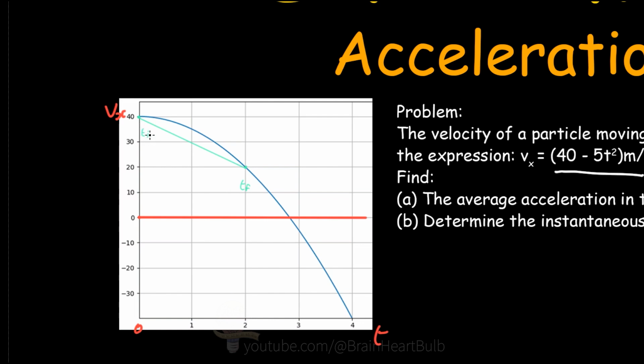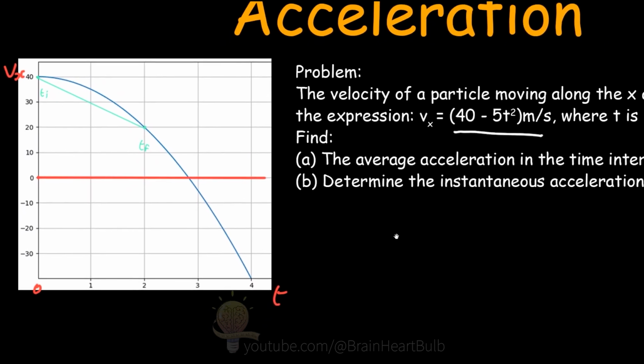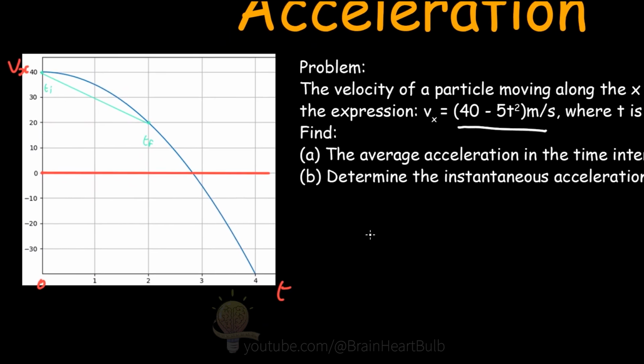And we're going to make use of the average acceleration equation that we discussed previously, which is Ax equals the final velocity of the particle minus the initial velocity of the particle over the difference in time, which is t final minus t initial.